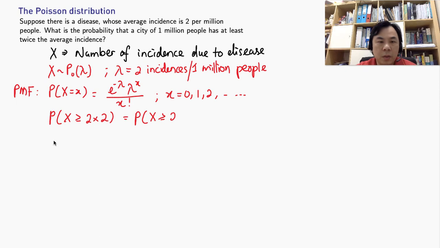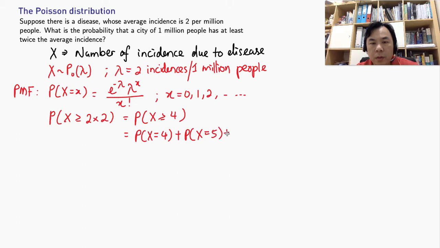So that is x at least 4, right? Now, how do we actually calculate this? Of course, the usual way would be to sum x equal to 4, 5, 6, and so on and so forth.